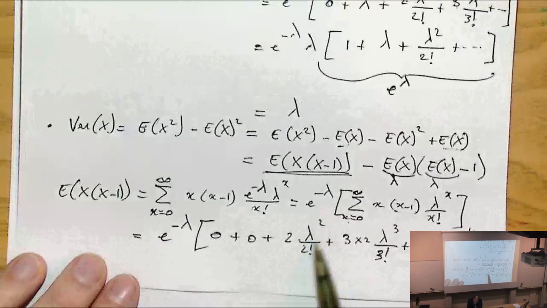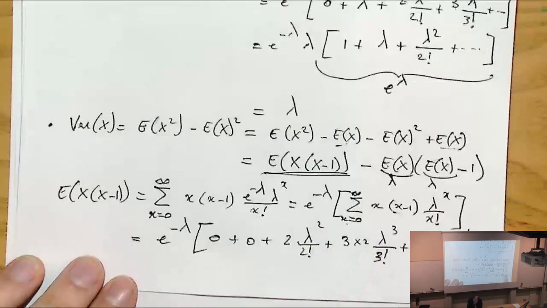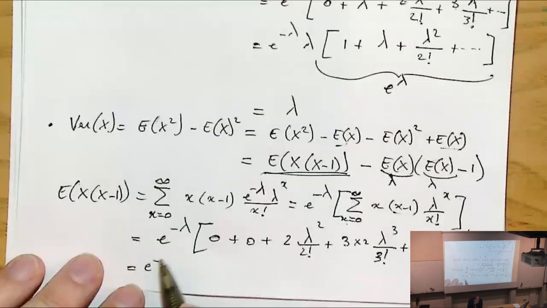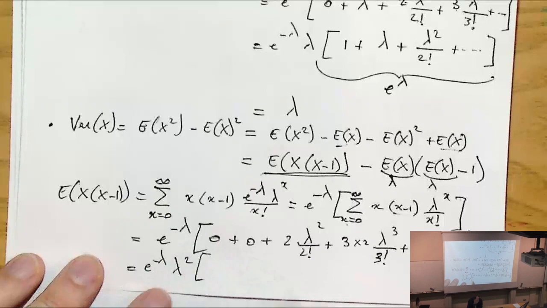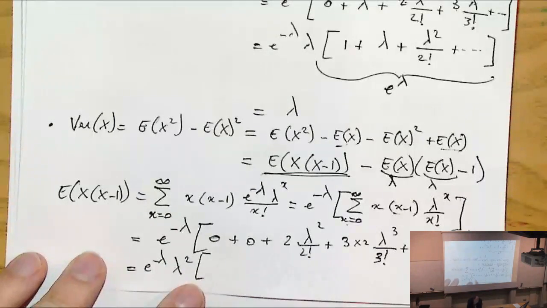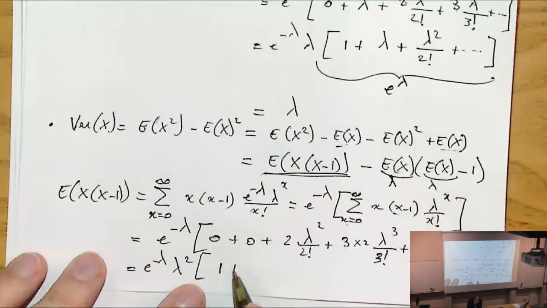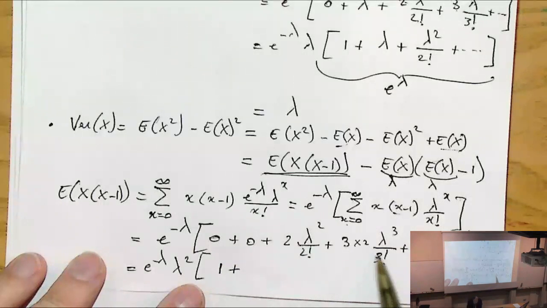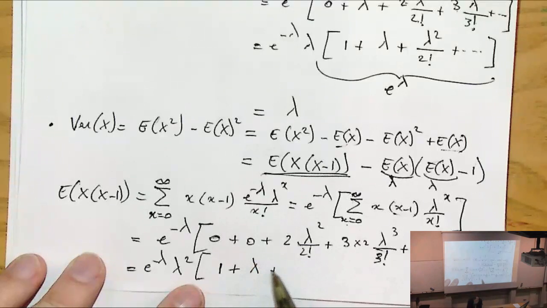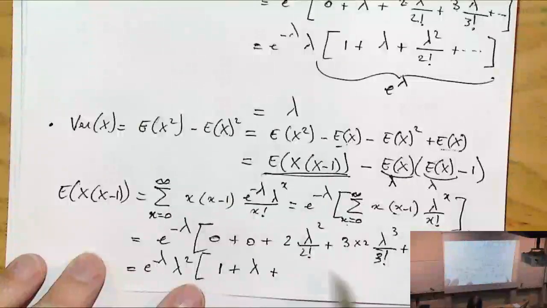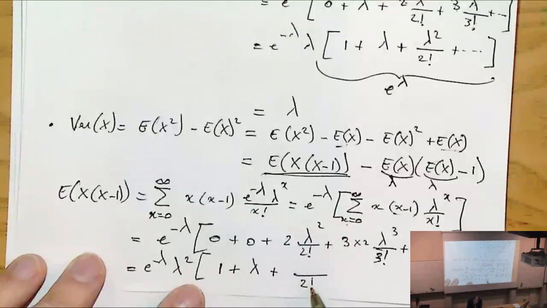So what you see here, you have lambda squared, you have lambda cubed here. I can take lambda squared outside. And I have here again, 2 divided by factorial of 2 is 1, so I have 1 here, plus 3 multiplied by 2 divided by factorial of 3 is 1, so this becomes lambda. This is 4 multiplied by 3 divided by factorial of 4, which is factorial of 2 multiplied by lambda squared, plus so on.